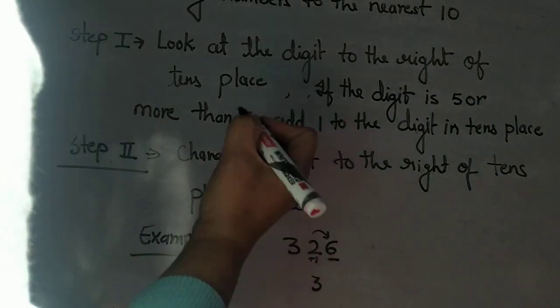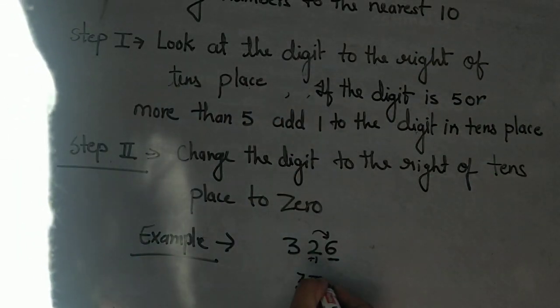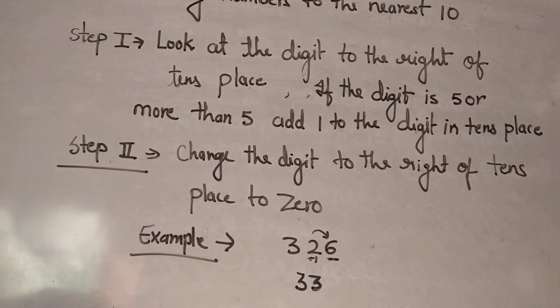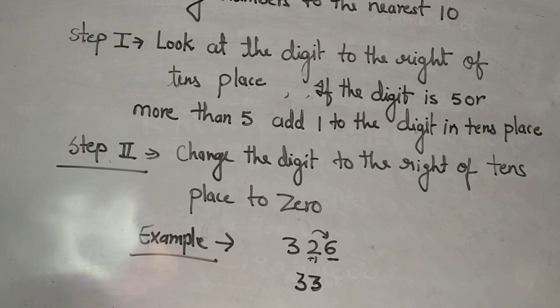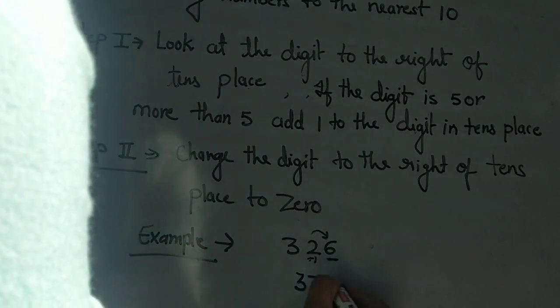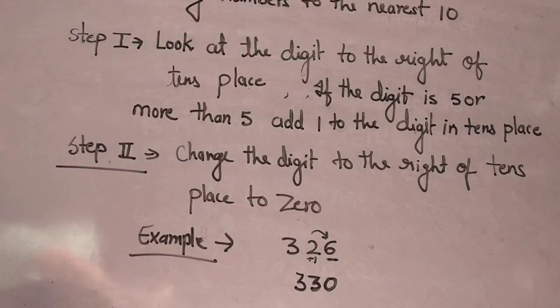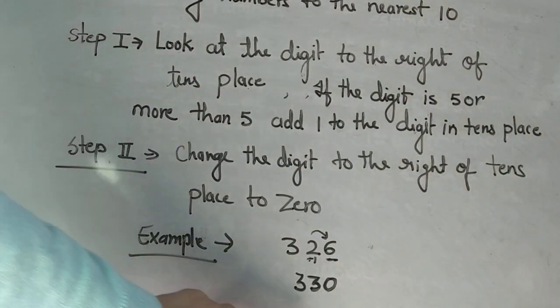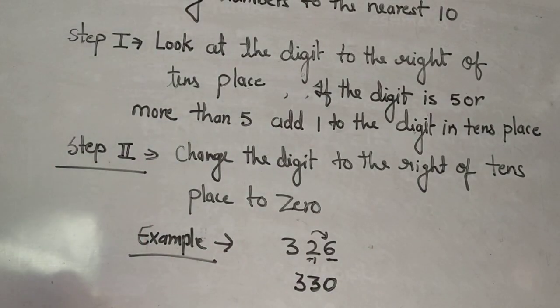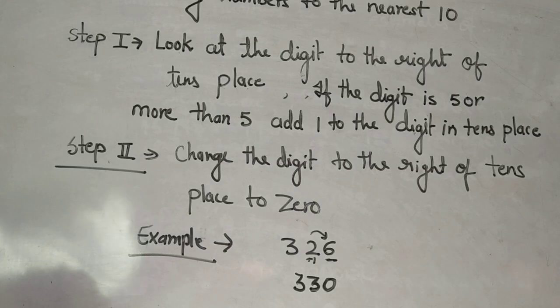It will be 3. Next step, change the digit to the right of tens place to 0. Rounding the number 326 to the nearest 10 is 330. 326 is nearest to 330.